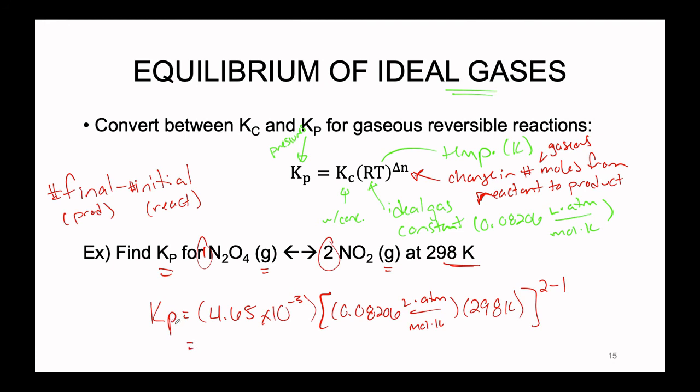So our Kp for this expression, for this N2O4 breaking down into 2 nitrogen dioxides, is going to end up being equal to 0.114. And the difference in these two values then, one being 4 thousandths and the other one being 1/10th, completely has to do with what our perspective is, what our units are in pressure versus concentration.